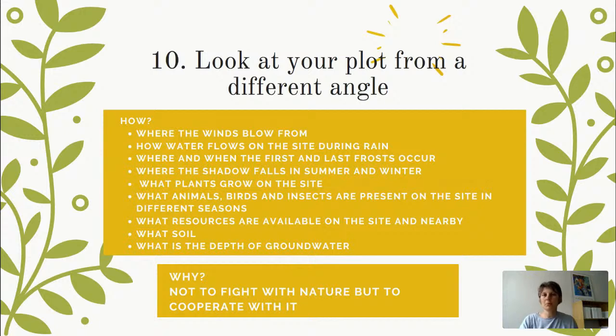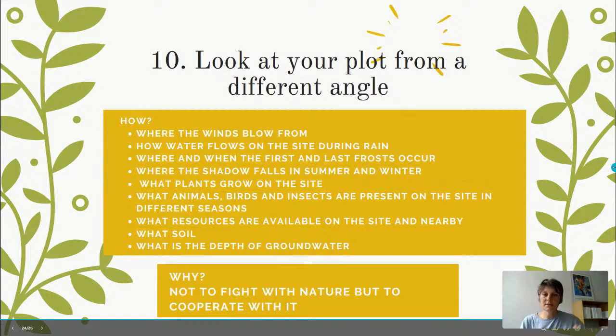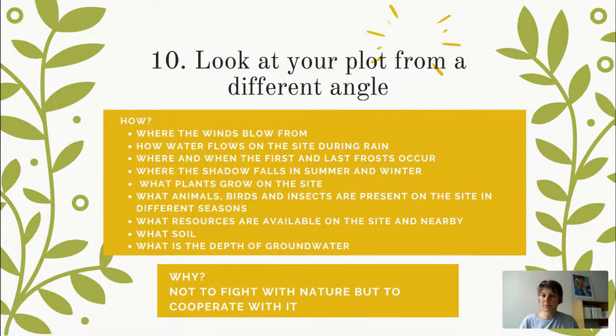And there is just some of them, it's not all, but at least these we need to know: where the winds blow from, how water flows on the site during rain, where and when the first and last frost occur, where the shadow falls in summer and winter, what plants already grow on the site, what animals, birds, and insects are present on the site in different seasons, what resources are available on the site and nearby, what kind of soil do you have, what is the depth of groundwater.